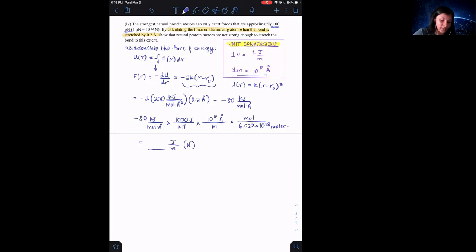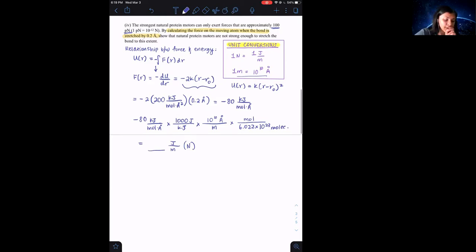Then we can convert this into piconewtons and compare it to the force that we're given here, 100 piconewtons. Since the value that we get should be greater than 100 piconewtons, that is why the force exerted by one molecular motor is not enough.